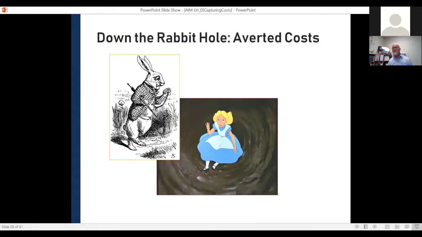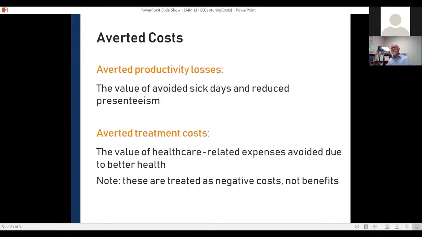So let's go down the rabbit hole here. Here is one of the tougher costs to include, and there's no absolute rule in terms of needing to capture them, but it's often good practice if we can document them without too much effort. These are averted costs.